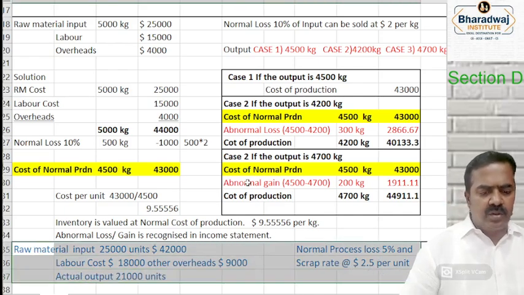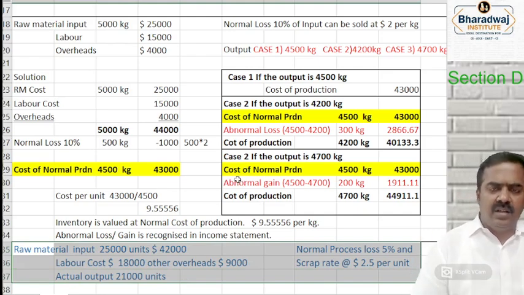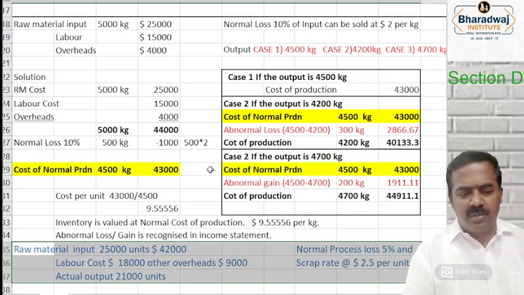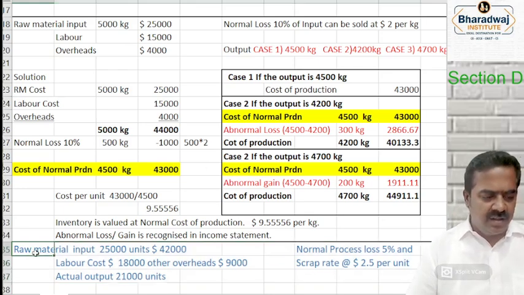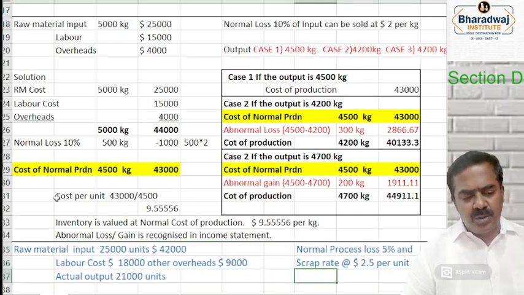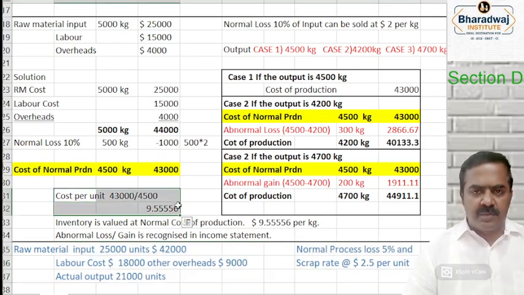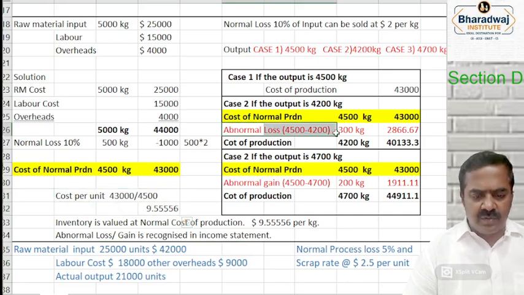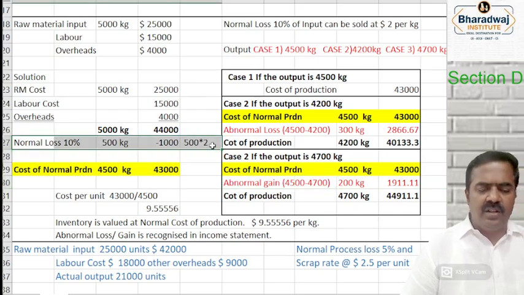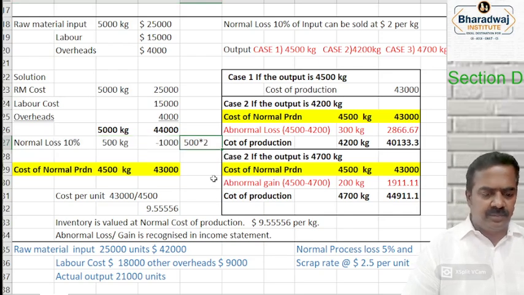I want you to work out the cost of production, the cost of normal loss, and the cost of abnormal loss or abnormal gain, if any. In IMA, they can ask you a multiple choice question: what is the cost per unit? Or in case 2, what is the cost of abnormal loss? What is the cost of abnormal gain? Or how to value the normal loss, scraps.